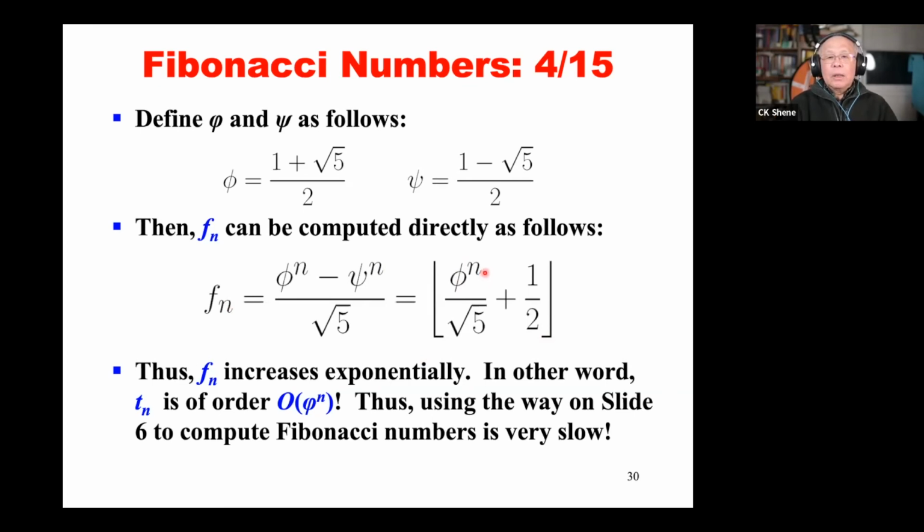Therefore, Fn is increased exponentially. Of course, Tn, the number of additions to compute Fibonacci number on slide 6 is also exponential. Therefore, using the way on slide 6 to compute Fibonacci numbers is very, very slow.